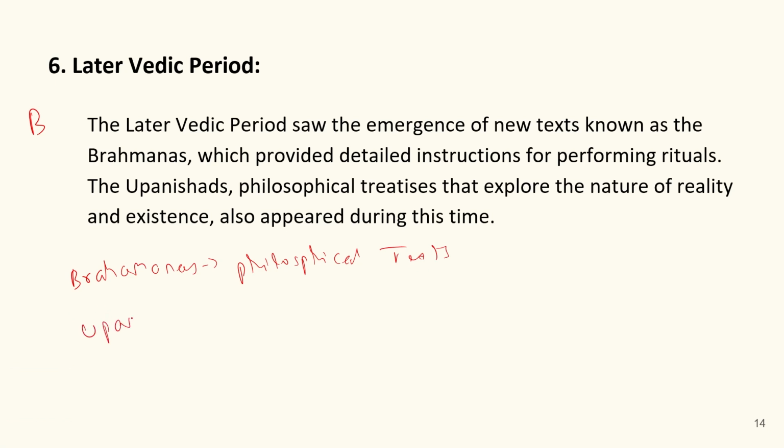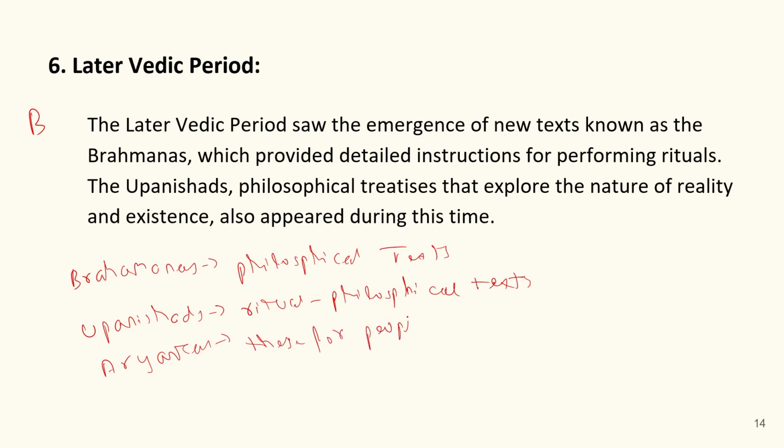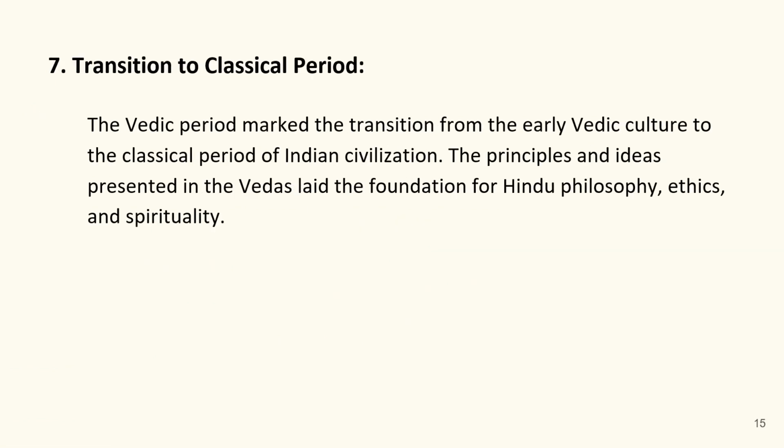Then we have Upanishads: these were also ritual and philosophical texts. Then we have Aranyakas: these were for people of the forest, people who lived in the forest, so that they could use Aranyakas. Got it? So these were the basic later Vedic period texts.